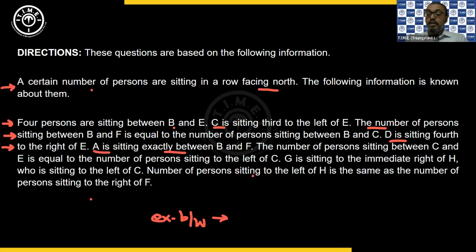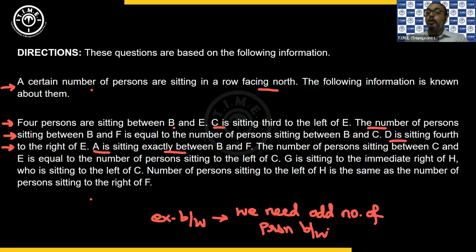Whenever you get this word exactly between, we need an odd number of persons between whoever is given in the condition, that is B and F in this case. So when he says exactly between B and F, we have to have an odd number of persons between them. Why? Because if I have 4 people between B and F, then choosing exactly between is not possible. If I have 3 people between B and F, then yes, I can definitely choose exactly between.